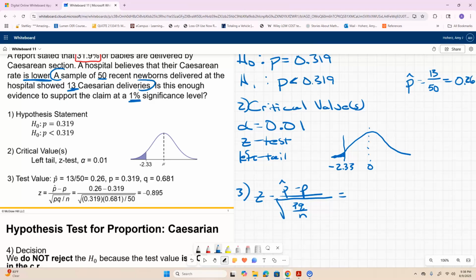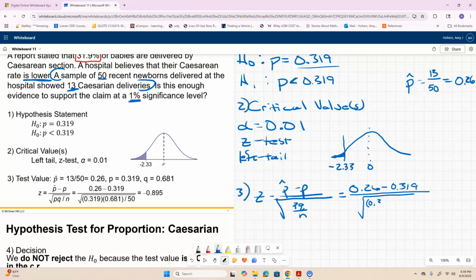So that would be 0.26 for our p hat, minus the null hypothesis proportion, the population proportion from the prior study, which is 0.319. Then we're going to divide that by the square root of pq over n. p, remember, is the second one, not the p hat.